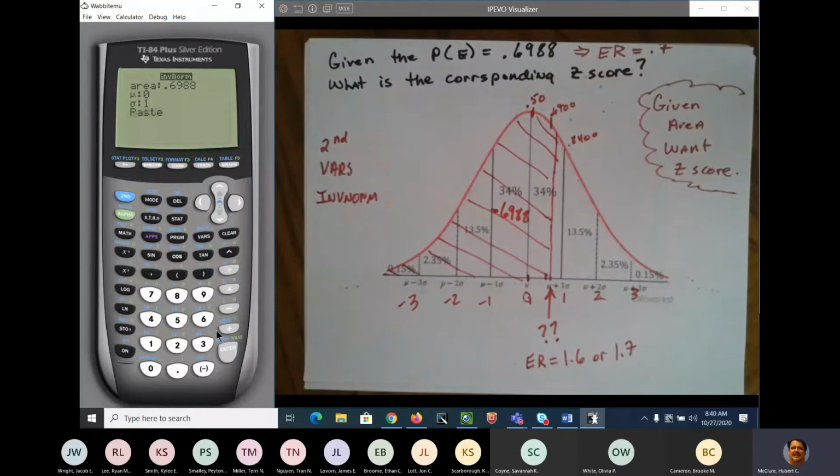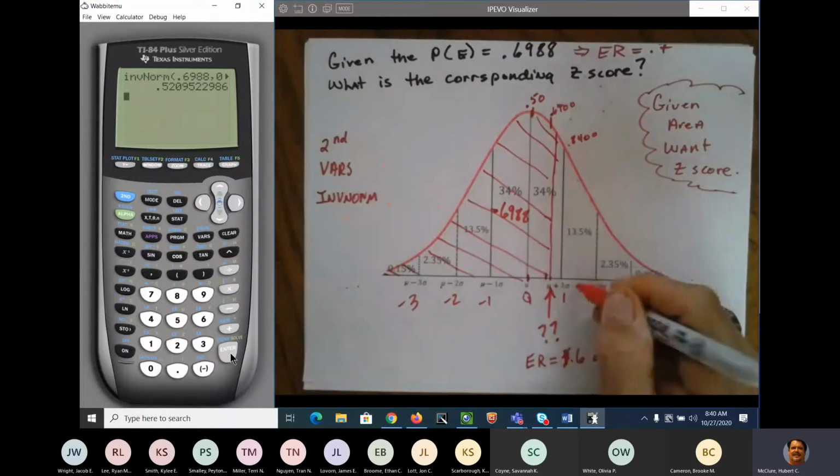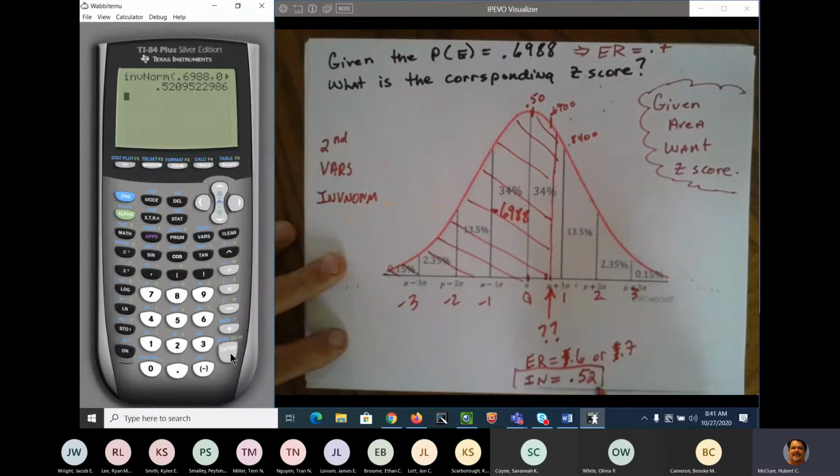Go to paste, enter, and enter. It comes out to be a little bit over 0.5, 0.52. By the inverse norm, I get 0.52, and that is my z-score.